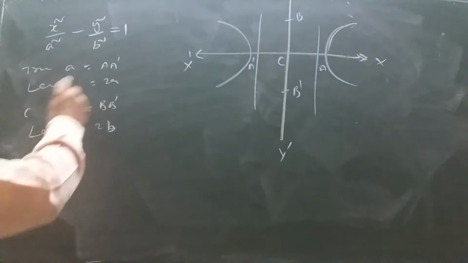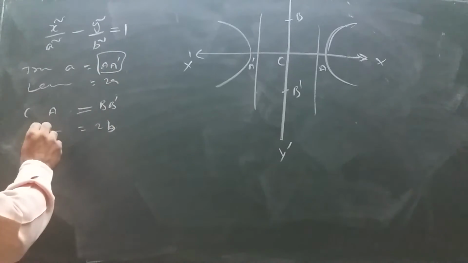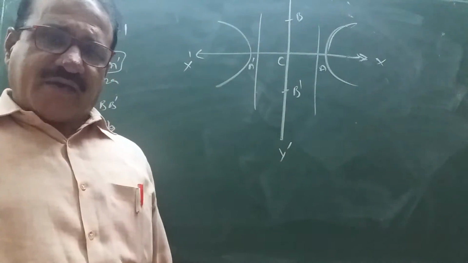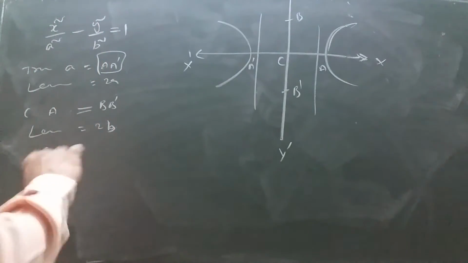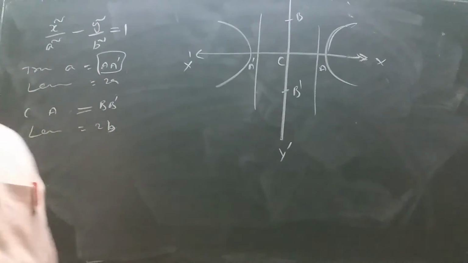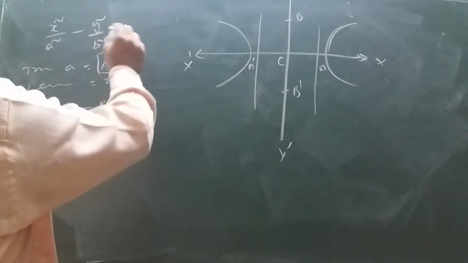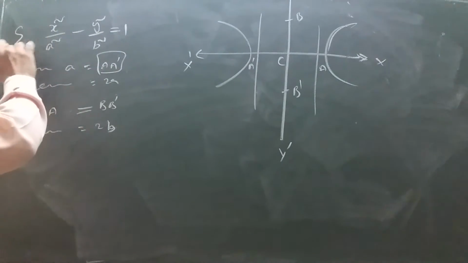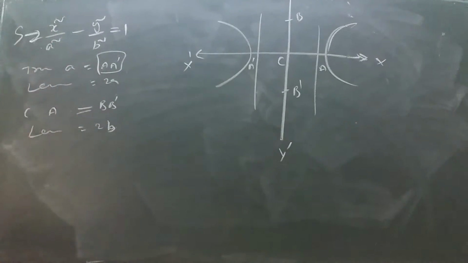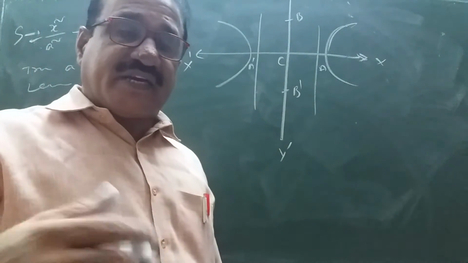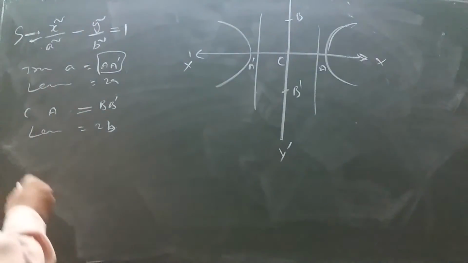The transverse axis is AA dash and the conjugate axis is BB dash. If we draw another hyperbola by interchanging these two axes, the conjugate axis of S will become the transverse axis of the next hyperbola, S dash.